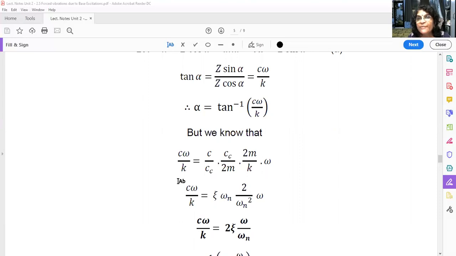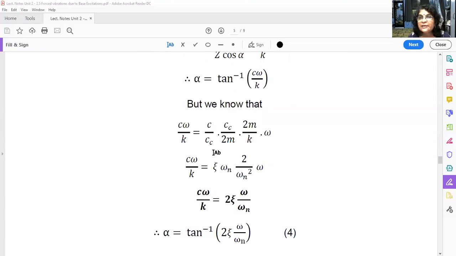The remaining terms will be as they are. So c omega upon k is equal to c upon c_c into c_c upon 2m into 2m upon k into omega. Now what do you mean by c upon c_c? It is zeta. What do you mean by c_c upon 2m? It is omega n. That is the definition of critical damping coefficient: c_c is equal to 2m omega n.